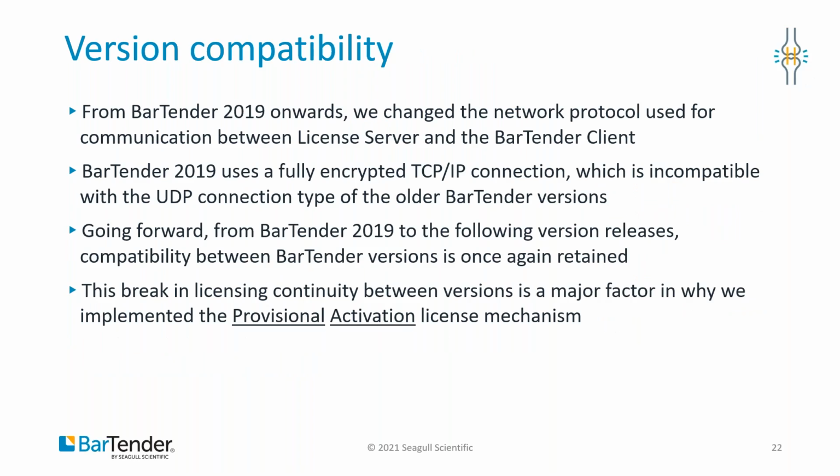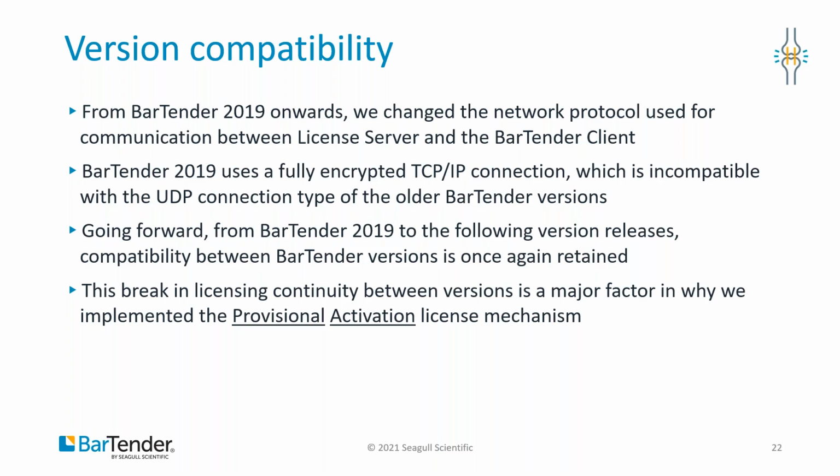Version compatibility. Now, we mentioned this in terms of provisional activation. From 2019 onwards, we changed the network protocol that was used between the license server and BarTender client. Essentially, we moved to a fully encrypted TCP/IP connection, which is incompatible with the older versions, which used what's called UDP protocol, which is an internet networking protocol.